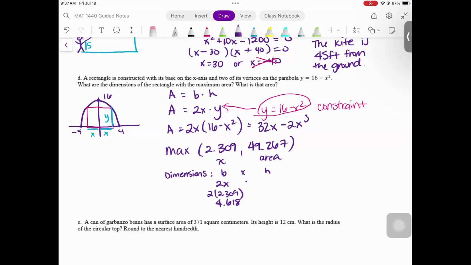By the height, which is the y value, or 16 minus x squared. The height of this rectangle is 10.669 units. And then the max area is 49.267 units squared.